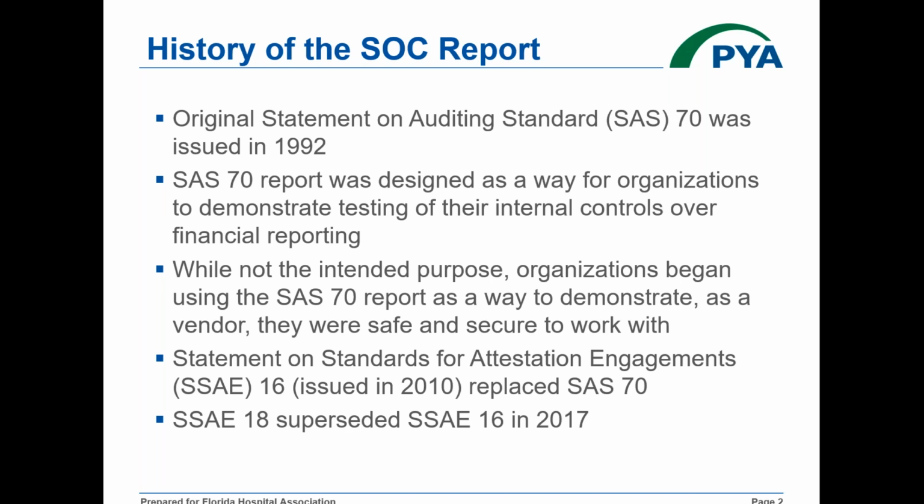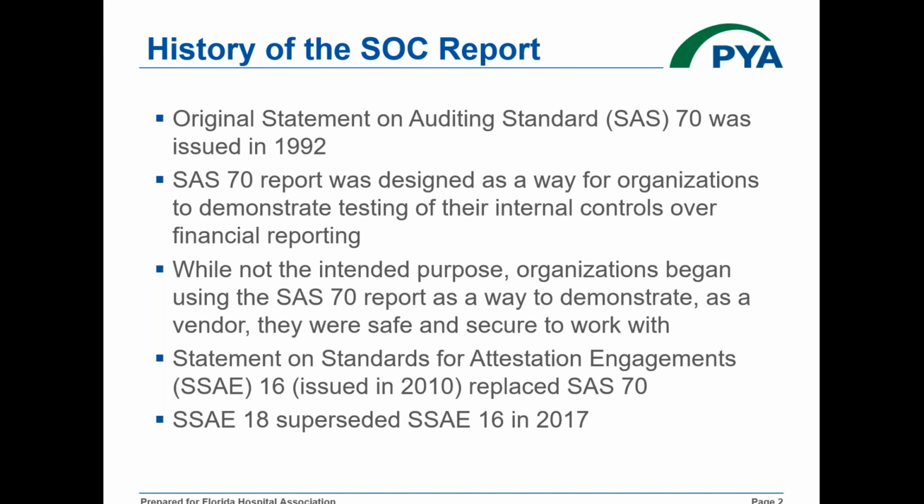The first is that the SAS 70 statement was housed in the auditing standards from the AICPA, where all of the guidance for financial statement audits is housed. So when I said Statement on Auditing Standard, or SAS, that literally was in the auditing guidance that governed all of the financial statement audit guidance as well.